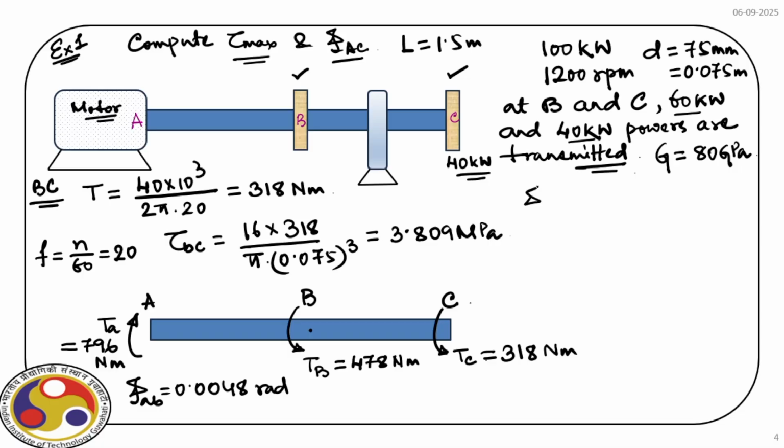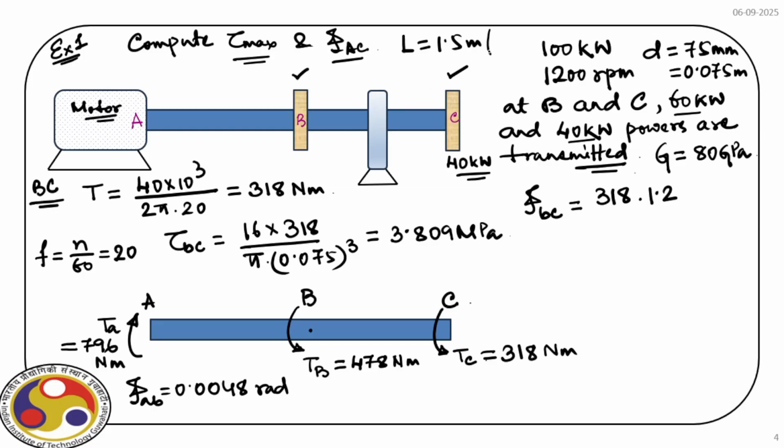Now we can calculate phi BC. Phi BC is equal to 318, that is capital T, times, say the length of BC is 1.2 meter.